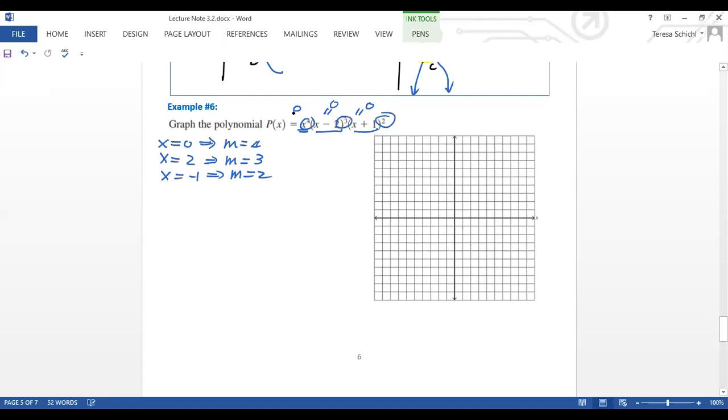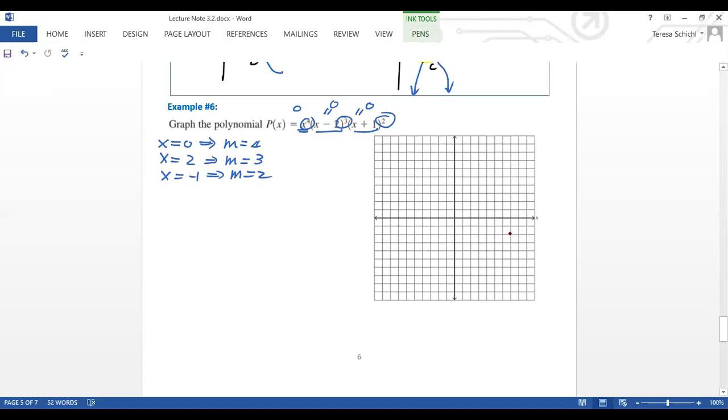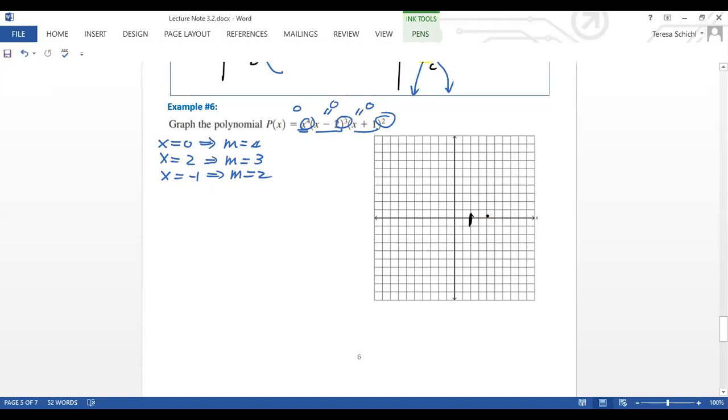Okay, so now let's try to graph it. So I have 4, 3, 2, right? Let's use a little bit bigger scale so we can see. So this is 1, 2, 3, 4. And this is 1, 2, 3, 4, right?